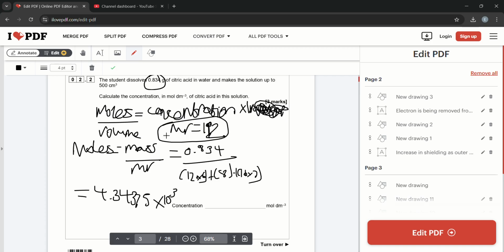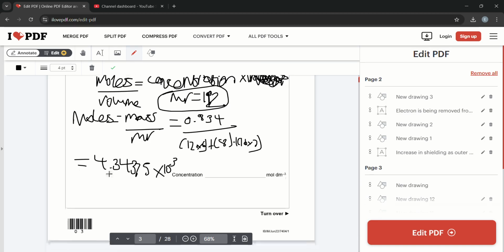Therefore, concentration is moles divided by volume, which is this, but this needs to be in moles per dm cubed. So therefore, we need to times by 10 to the power minus 3. So it's going to be this large number of moles divided by the volume, 500 times 10 to the power minus 3.